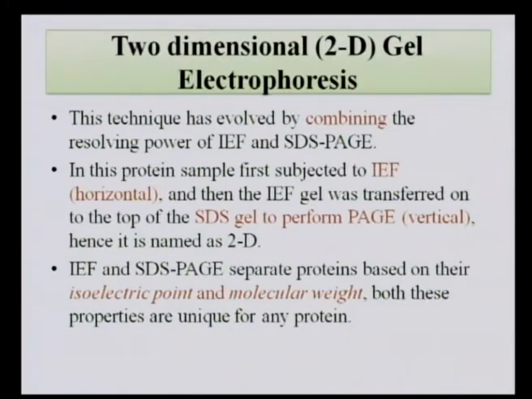Let us explore more about two-dimensional electrophoresis. As we said, IEF is the horizontal one, and SDS-PAGE is the vertical mode. By combining horizontal and vertical, that is IEF and SDS-PAGE, this technique is known as two-dimensional electrophoresis. First we take the protein sample and load it on the IEF strip, and then subject it to isoelectric focusing, where proteins get separated based on their isoelectric point.